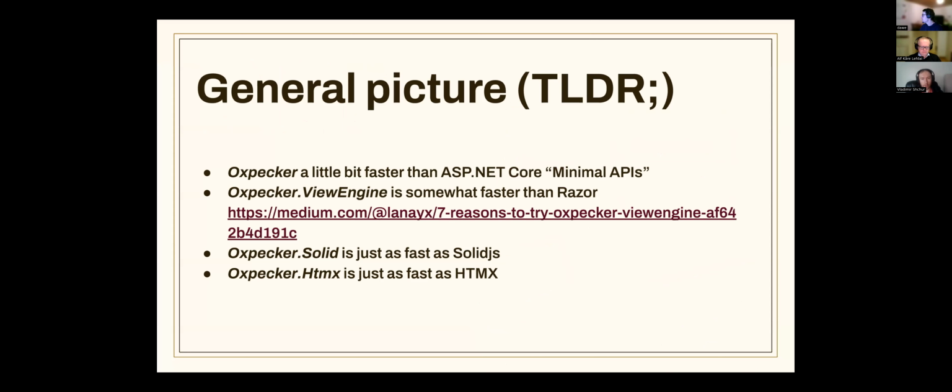Solid wrapper is just as fast as Solid.js since it's just a wrapper, and the same goes for Oxpecker.htmx. So if you want the architecture view on what Oxpecker is and how fast it is, this slide is for you. But we should dig deeper and see what the difference is between Oxpecker and minimal APIs.